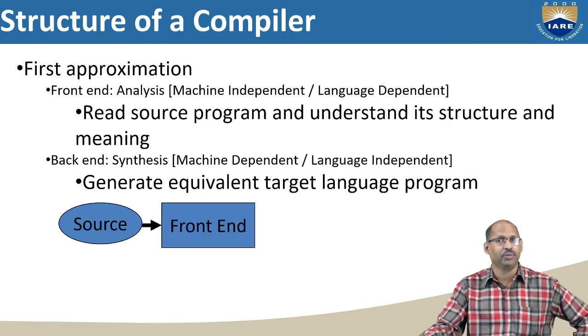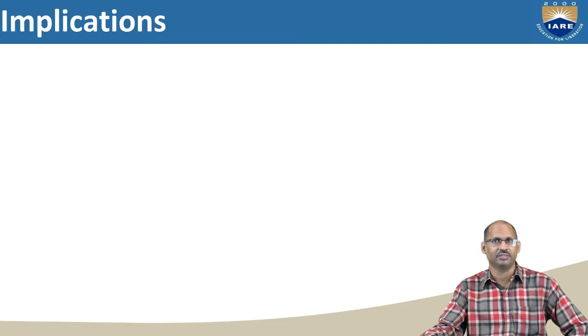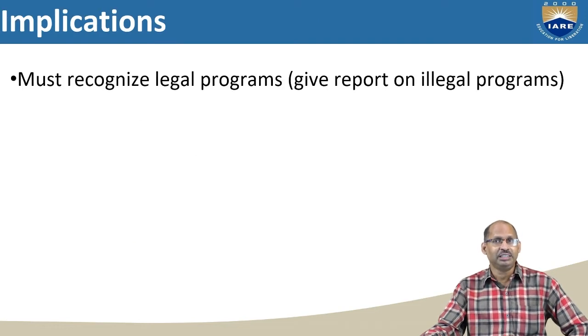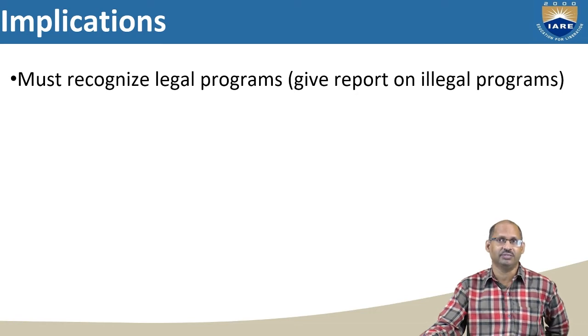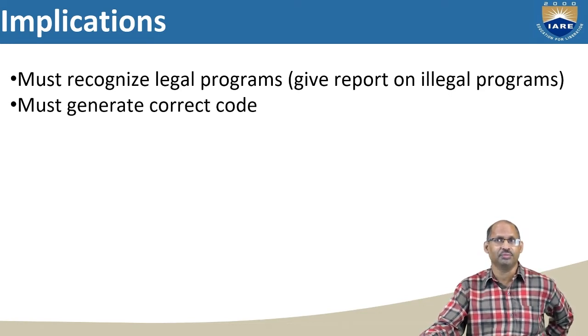So: source program, front end, back end, and target. The main aim of this compiler is that it must recognize legal programs, and it must generate error messages on illegal programs.